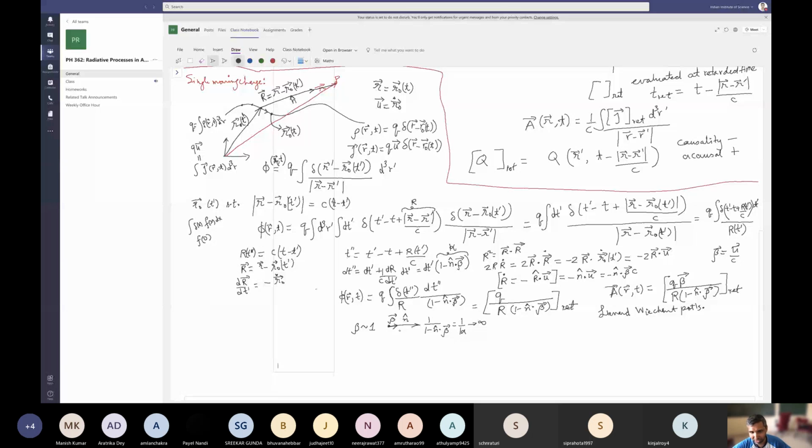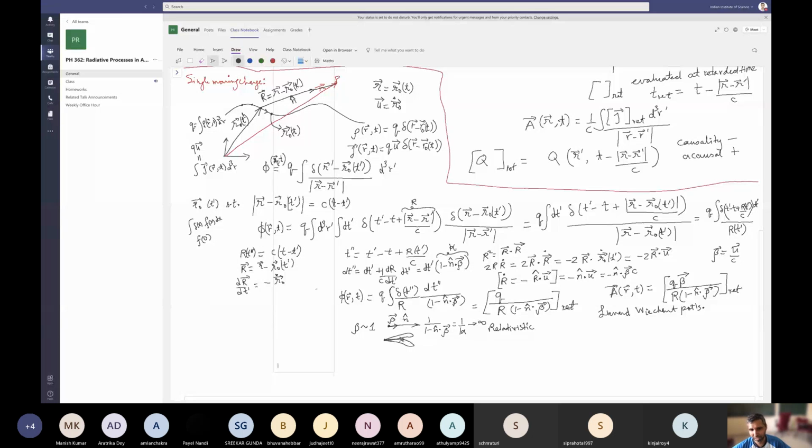Okay, and this is sort of the signature of relativistic beaming. So basically the potentials and the fields and so on are very, very high. If you have a charge which is moving relativistically, then most of the radiation and most of the fields are in the forward direction. So this is called relativistic beaming.